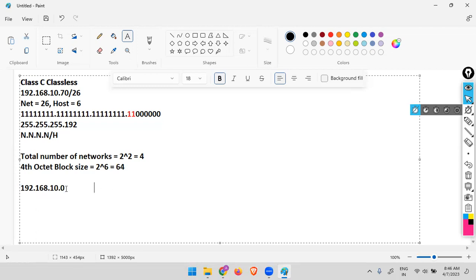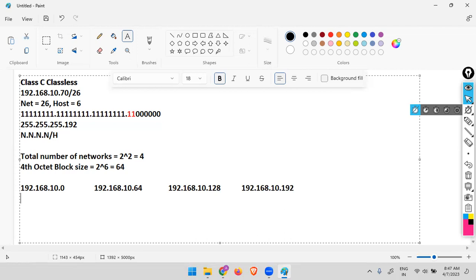Whatever your first network ID is, add your block size to it. See which octet the block size is for: the 4th octet. So in the 4th octet, just add this value. Your next network ID will be 10.64. Again, the next network ID will be 10.128. And again, the next network ID will be 10.192. This is how we came to know the 4 network IDs.